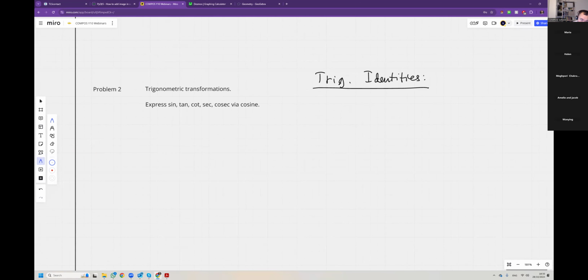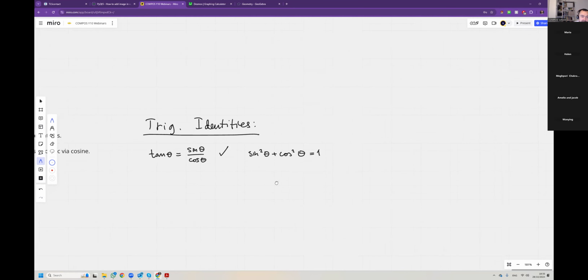The two easiest trig identities are the following. Tangent theta is equal to sine theta over cos theta. We've proved that one. The other one is sine squared theta plus cos squared theta equals 1.